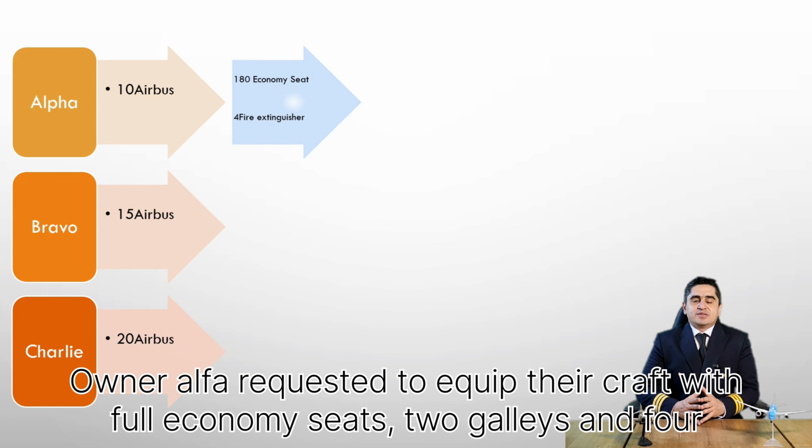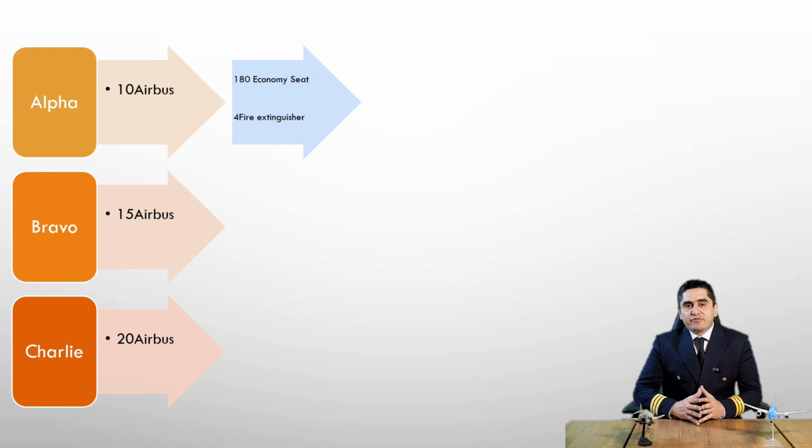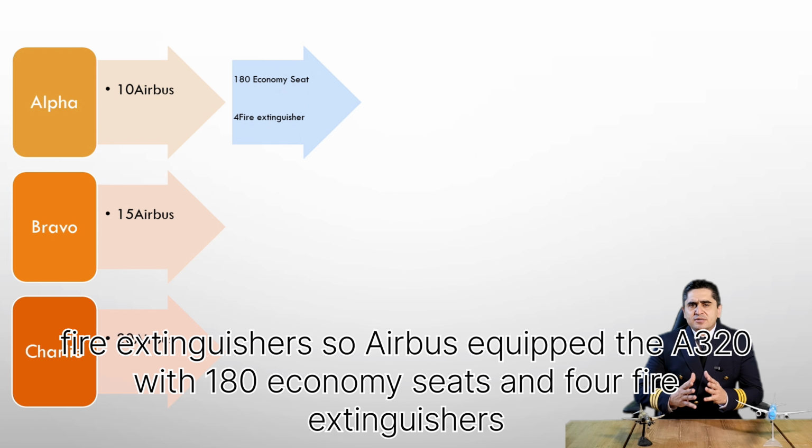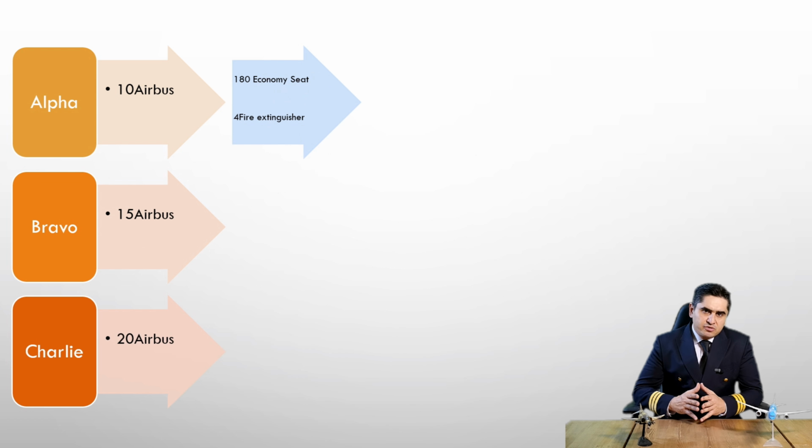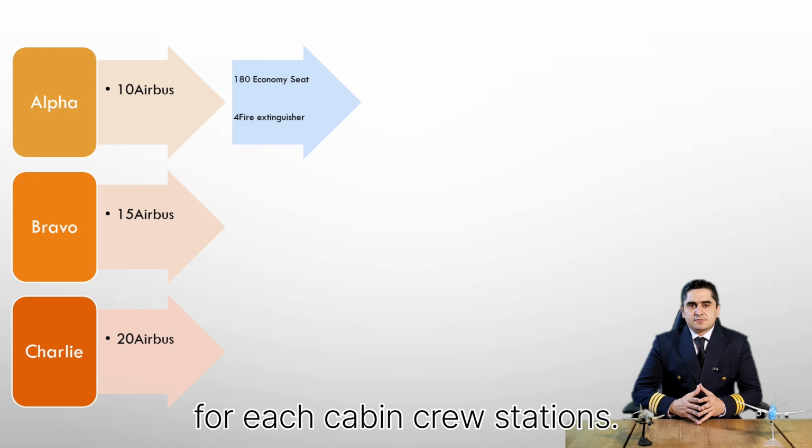Owner Alpha requested to equip the aircraft with full economy seating, 2 galleys, and 4 fire extinguishers, so Airbus equipped the A320 with 180 economy seats and 4 fire extinguishers for each cabin crew station.